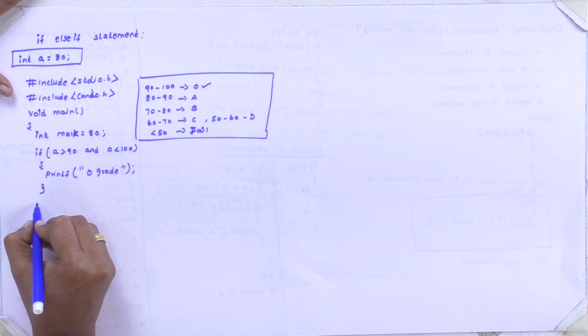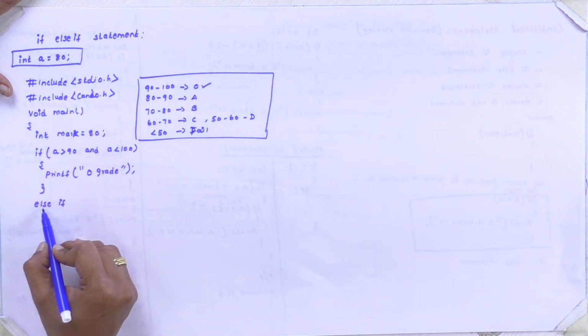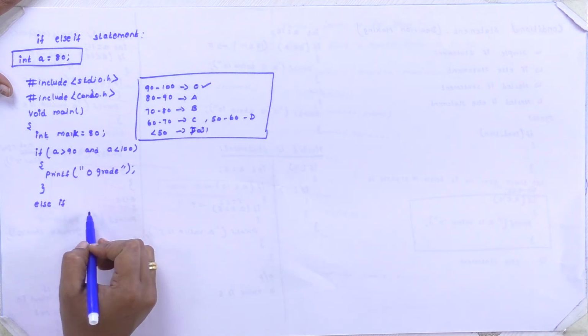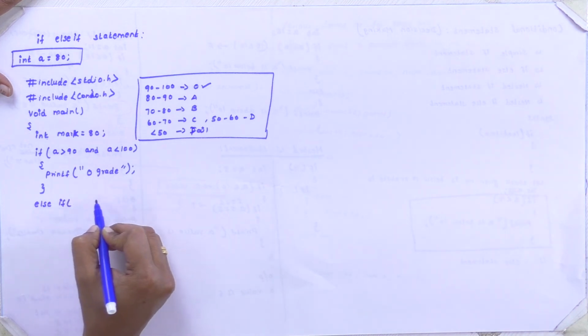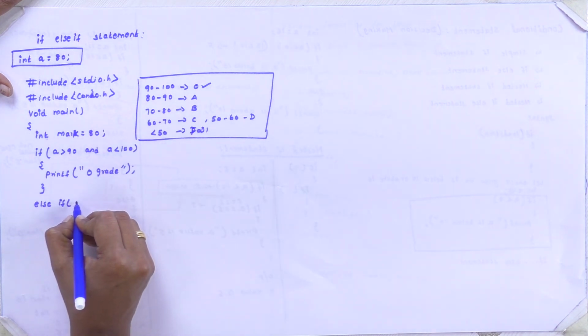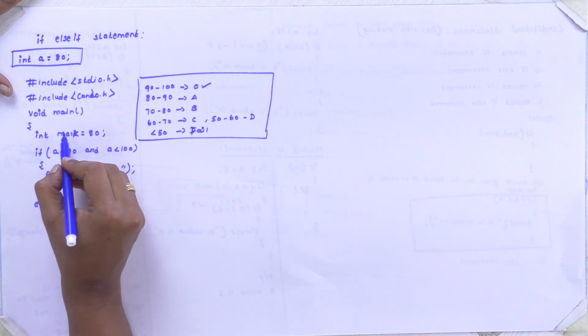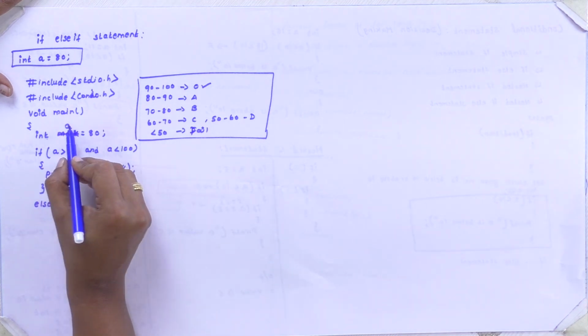Next, I am going to classify for A grade. For that I am going to write else if. When you are simply using else, you can't write conditions. So else if refers to being followed by some conditions. I am using A here, so int A equal to 80.